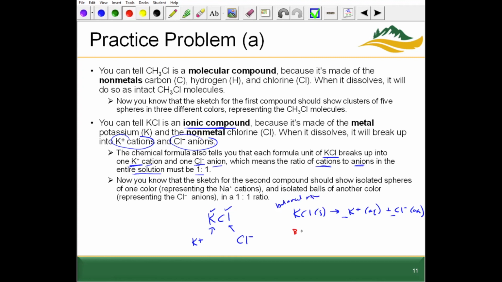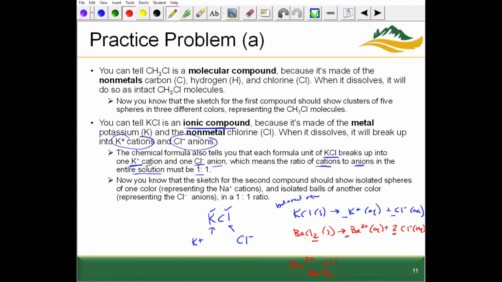Whereas barium chloride, Ba would form 2+ ions, Cl still -1, so BaCl2. If we write this out, where the formula unit is 1 to 2, this means we'll form Ba2+ cations and Cl- anions still, but to balance this, we have to write a 2 right here.